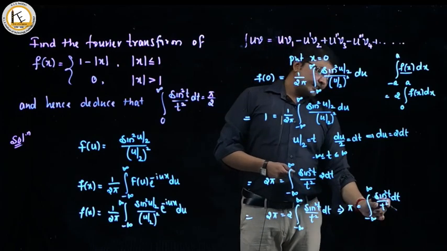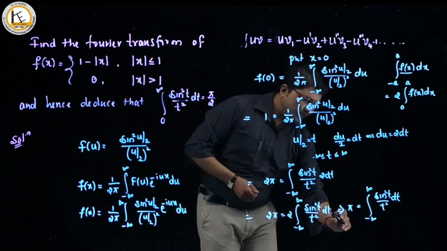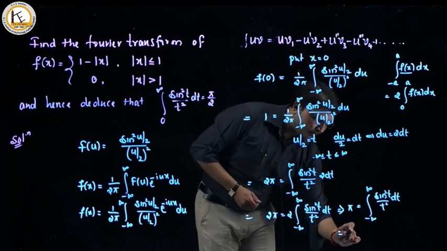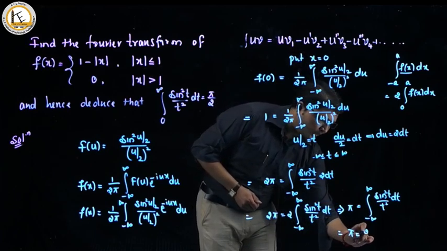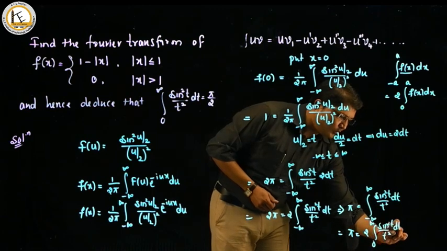Since here sine square t by t square is an even function, we can write pi is equal to 2 times the integral 0 to infinity sine square t by t square with respect to t.